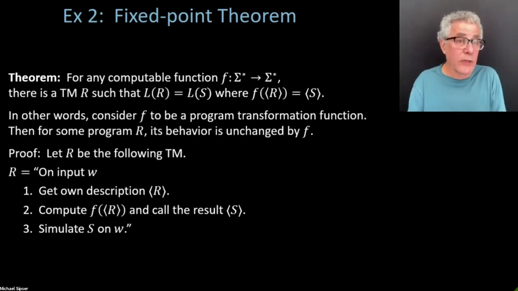That's called the fixed point theorem. So there's some program whose behavior doesn't change, no matter how you try to transform programs. Easy proof using the recursion theorem. You can look at the slide offline separately if you'd like to see how that goes. It's pretty simple.